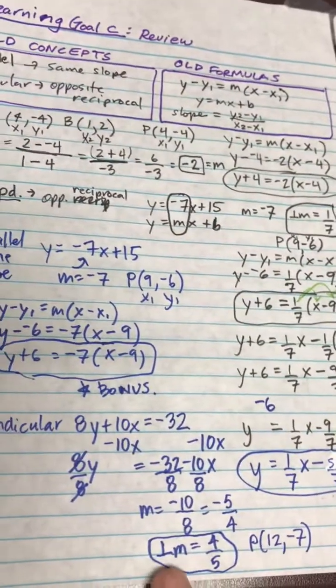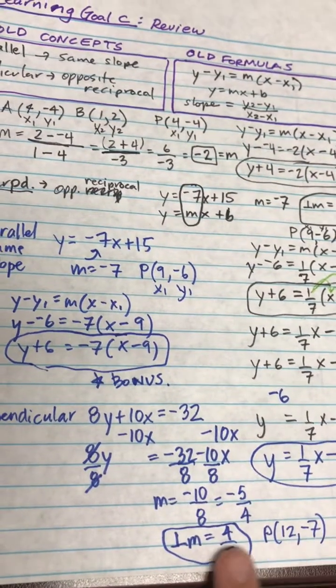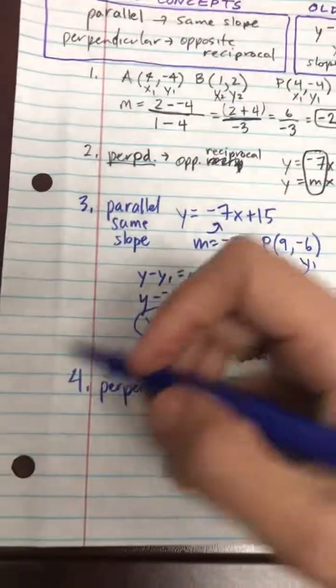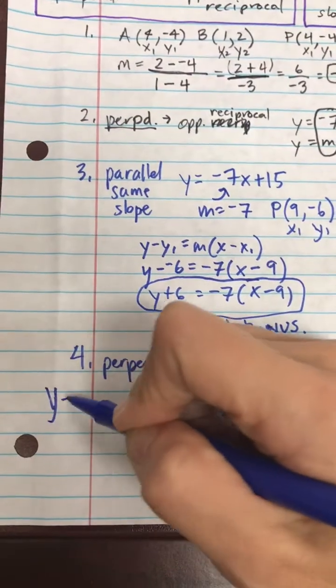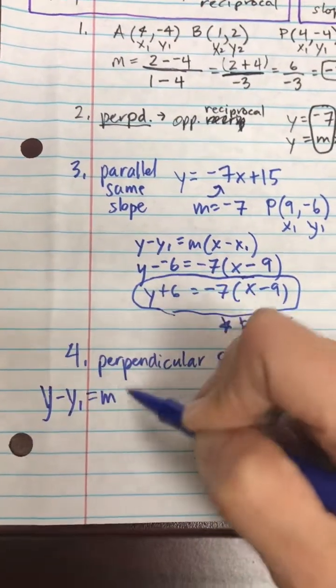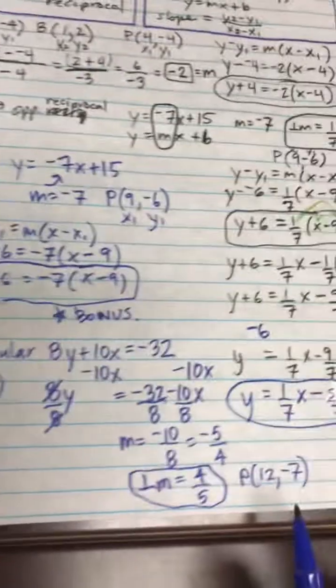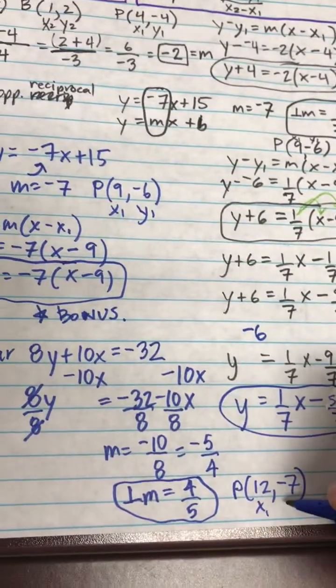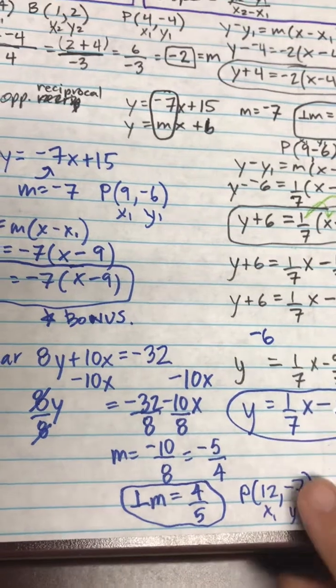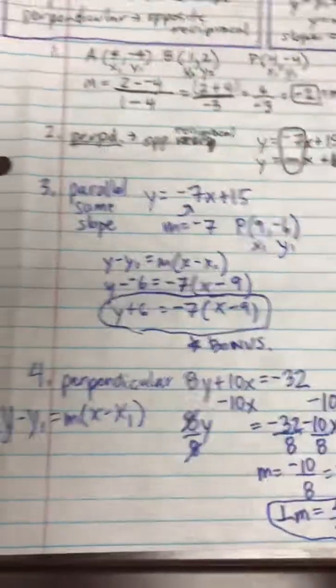Okay, so let's plug this into the point-slope formula: y minus y1 equals slope times x minus x1. My x coordinate is 12, my y coordinate is -7.